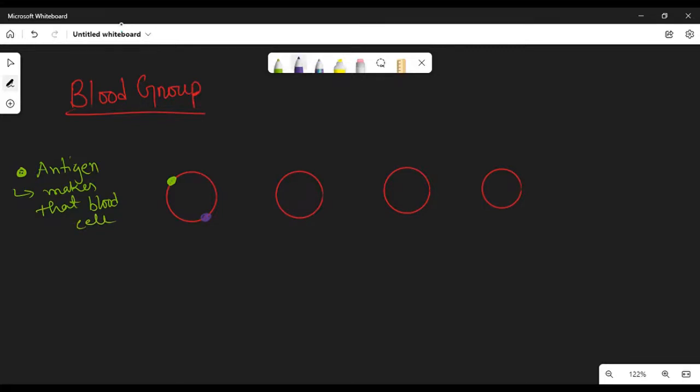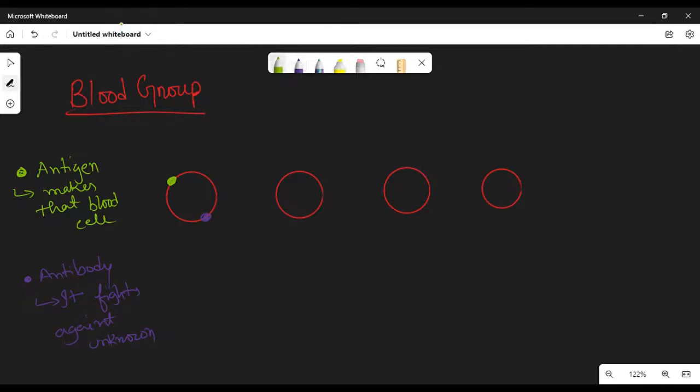And another special thing is the antibody. And you already know how an antibody works. It fights against unknown things in the body. So it fights against the unknown. So there are two types of things, antigen and antibody.